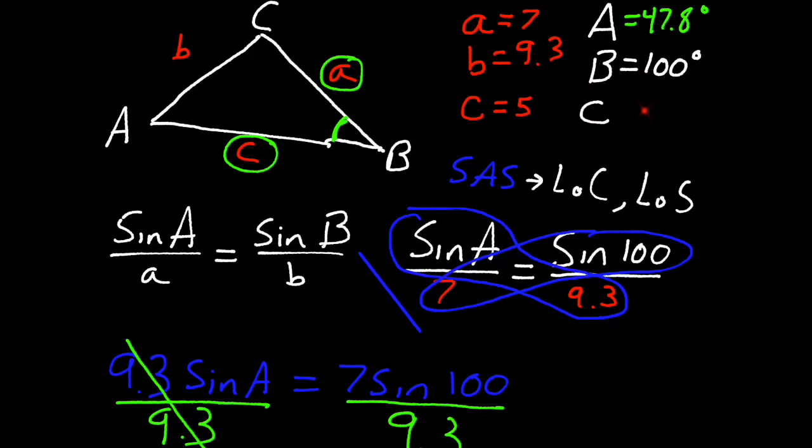And then there was one, just missing angle C. Now we most certainly could use the law of sines again, set it up like we just did, do our proportion, cross multiply, and find angle C. But hopefully you can think of a faster way to do this.